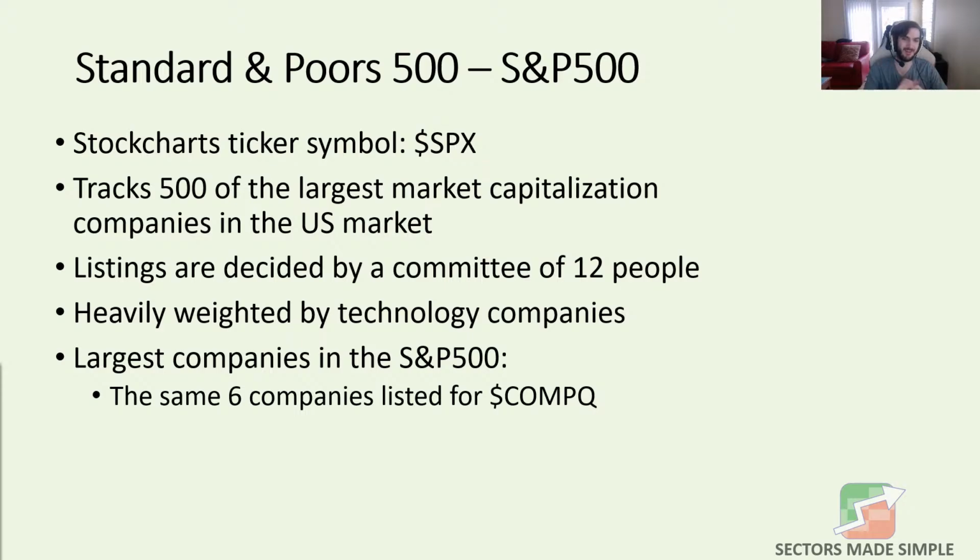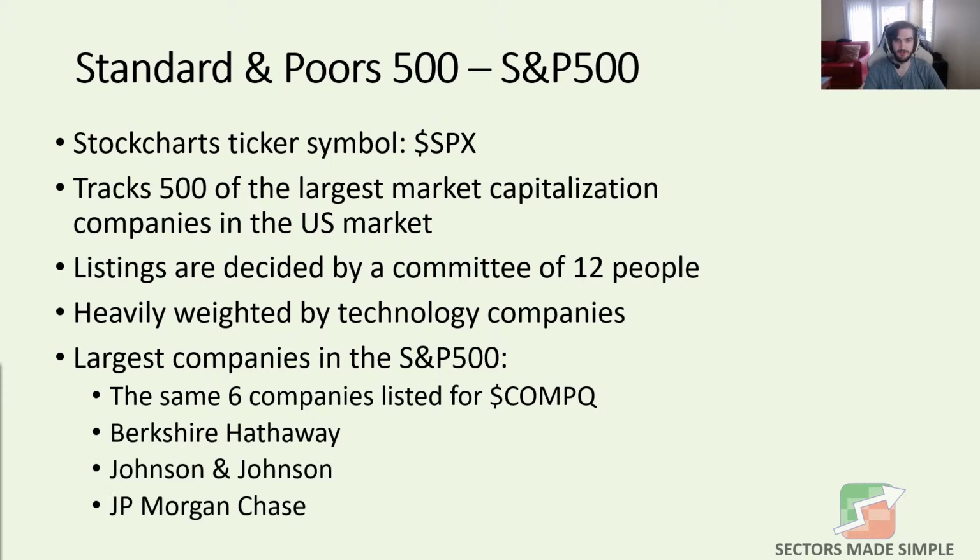But alongside them, we have some other additions that I wanted to mention. Berkshire Hathaway, Johnson & Johnson, JP Morgan Chase. These are 3 other very, very, very large companies within the S&P 500 index.